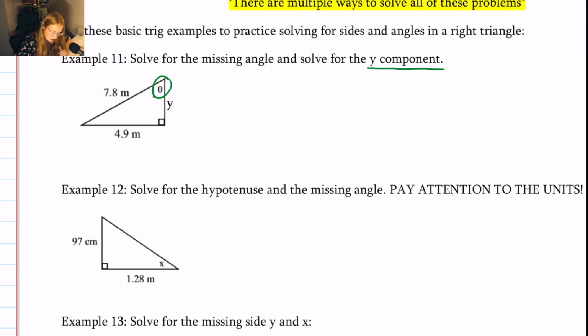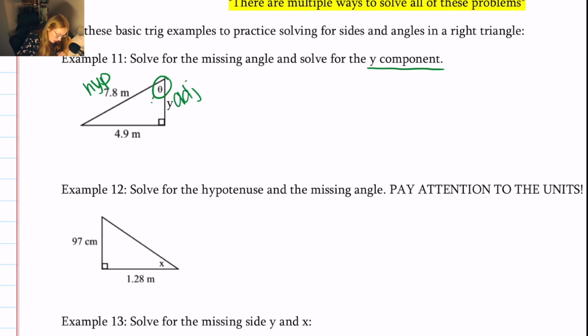Okay, let's go ahead and label our parts of the triangle though. So across from the right angle is the hypotenuse. And then look at the angle you're concerned with. If a side is attached to the angle, this would be the adjacent.